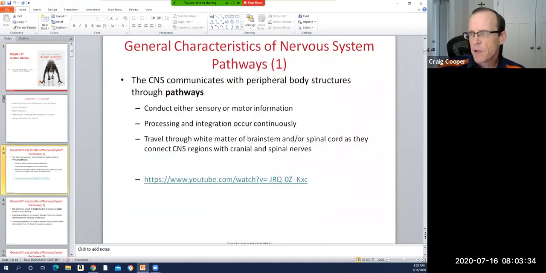This chapter refers to those tracts as pathways, and it's really a synonymous term. Essentially, it's just a grouping of axons that have common functionality that are lumped together. It has significance when we have people with spinal cord injuries or spinal cord tumors. If you're getting spinal cord compression from a tumor in a certain area, it may not affect the entire function at that level of the spinal cord.